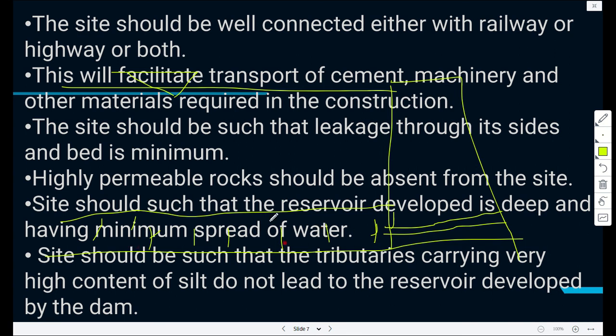Then there's a mechanism by which you can flush the silt out and leave the dam free to resume its height of impounding water. However, this is only if there is controlled siltation. Otherwise, if the siltation is uncontrolled, there is still a problem.